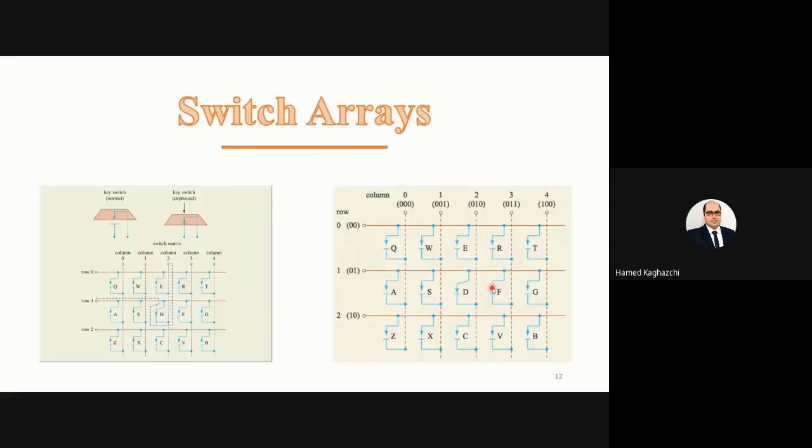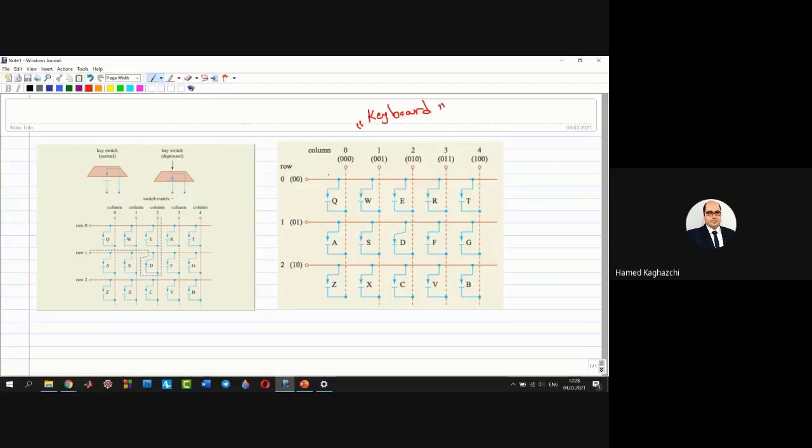Look at here. This is our keyboard. If I press one letter like W, E, S, A, D, F, below each key in the keyboard there is a switch, which is represented here.